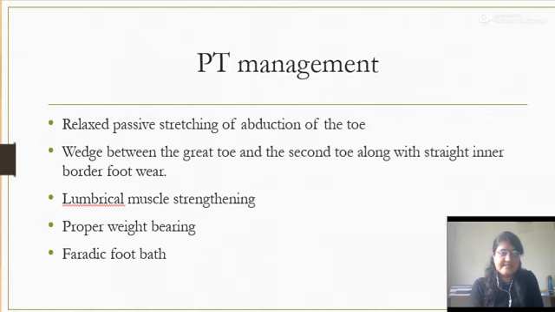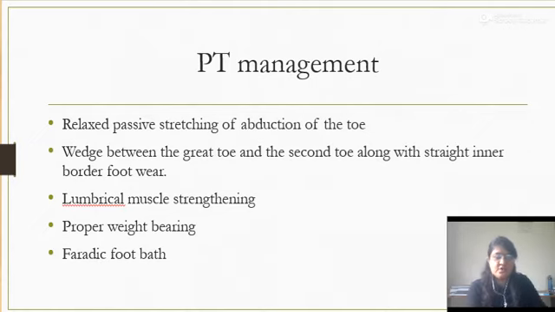Toe curl exercises have to be taught, which are intrinsic muscle exercises of the foot. The patient has to curl the toes, hold it and relax. The patient has to curl the toes and relax immediately. It has to be done with hold or without hold. And the patient has to pick up a towel with the help of the toes. The towel has to be kept on the floor, and the patient has to pick up the towel or napkin from the floor, hold that and relax.